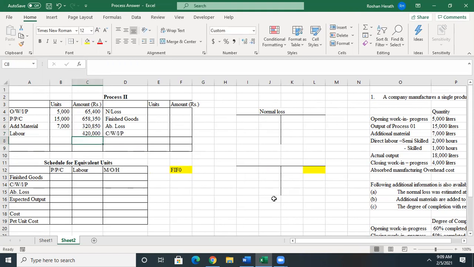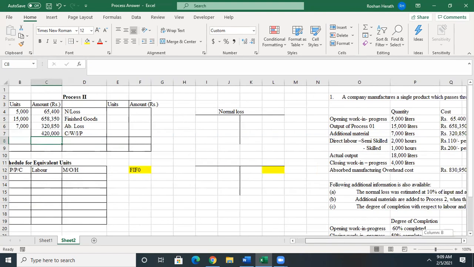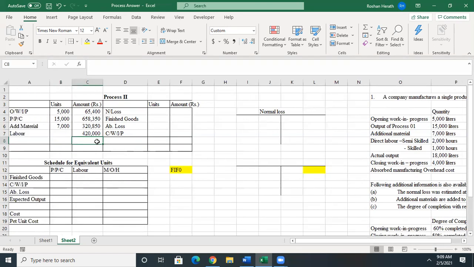That must also be taken as input, and manufacturing overhead is also absorbed, 830,950. 830,950 manufacturing overhead. That must also be considered.